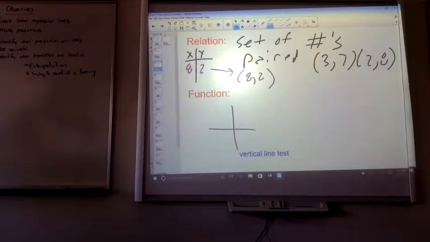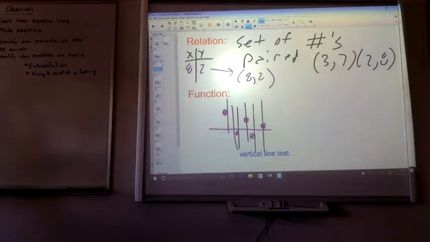In order for a function to work, you can't have anything drawn that a vertical line test wouldn't pass. Okay? Meaning if you draw a vertical line test anywhere on your graph, whether it's just dots or it's an actual picture, if the vertical line test touches the graph through one and only one point, your relation is a function. Let's write that down.